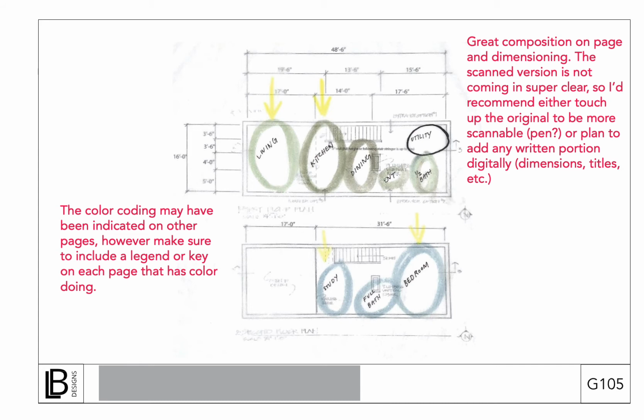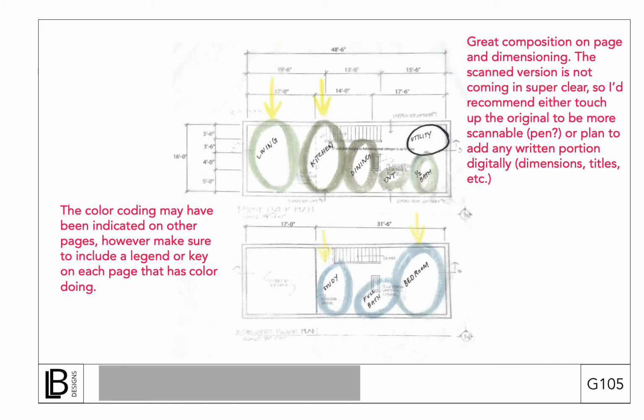So make sure that there is a color coding legend on every page where color coding or any type of coding occurs. Even if you called it out on the page previous, you want to make sure that there's indication on every single page what each color or line weight specifically means. And other than this, great composition on the page and dimensioning.